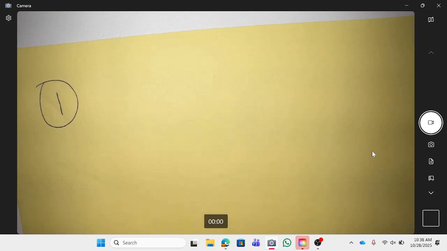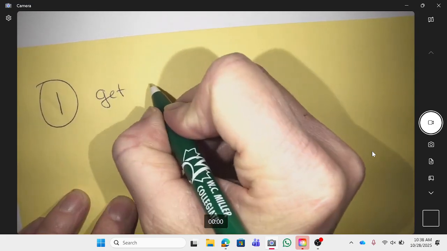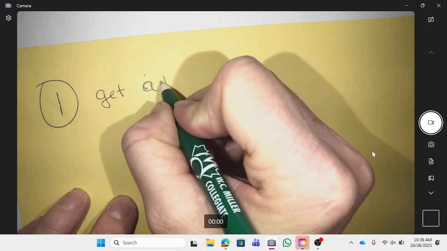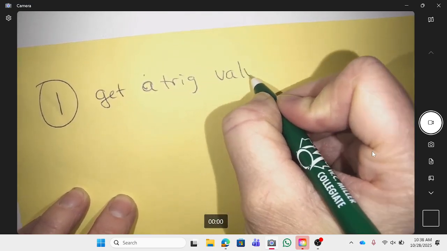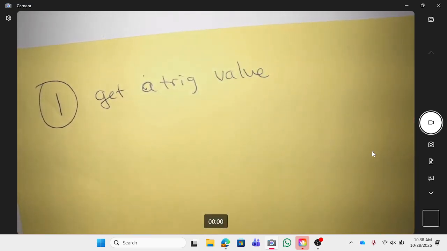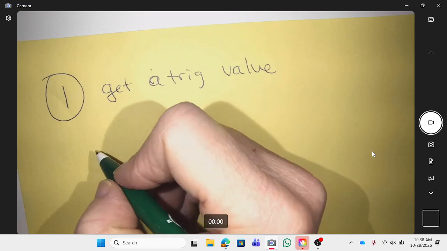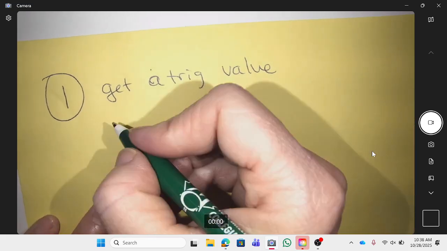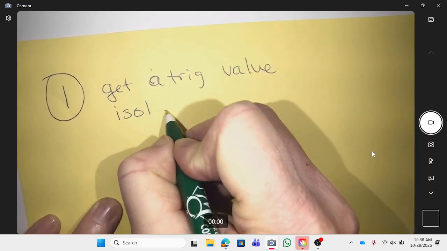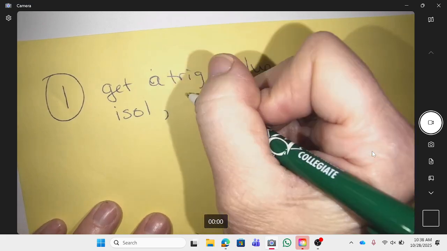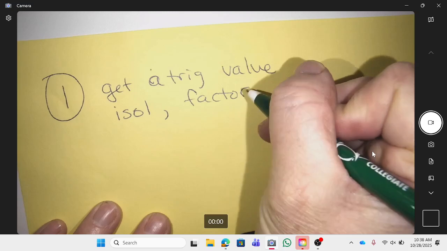Okay, what's the first thing we've always been doing? Get a trig value. Number 1, get a trig value. What are some of the things we did to get a trig value? Isolate, factor.